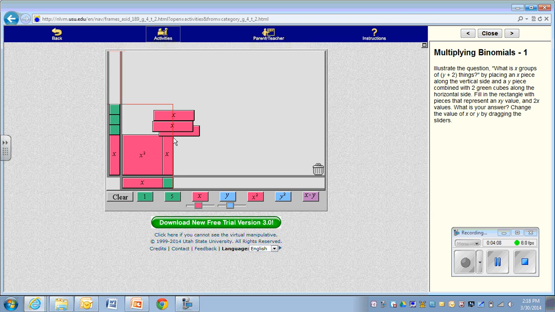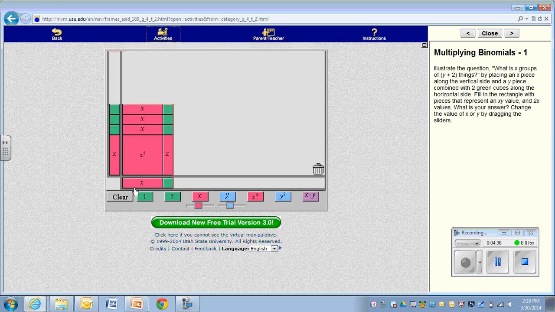So I need 3 x's. And then I have this little tiny spot. If I tried putting another x there, it would be too tall. So what can fit there? Just 1s. 1, 2, 3. Because I'm doing 3 times 1.